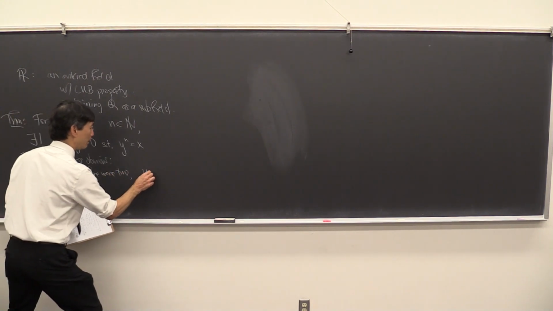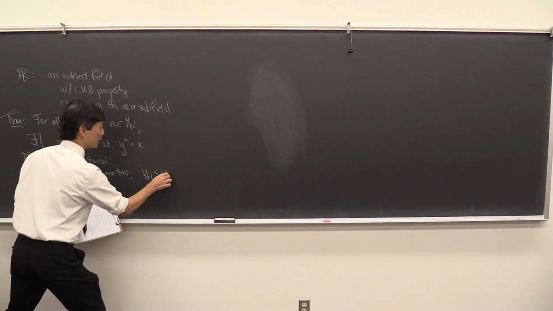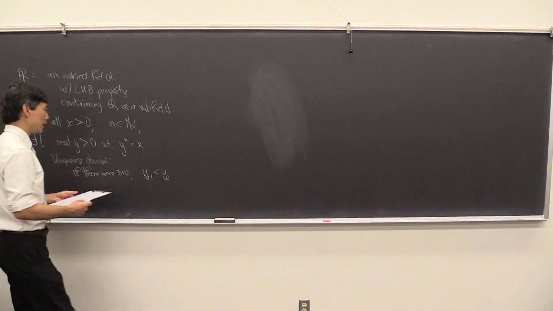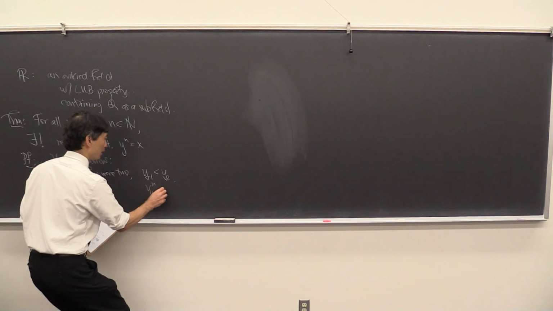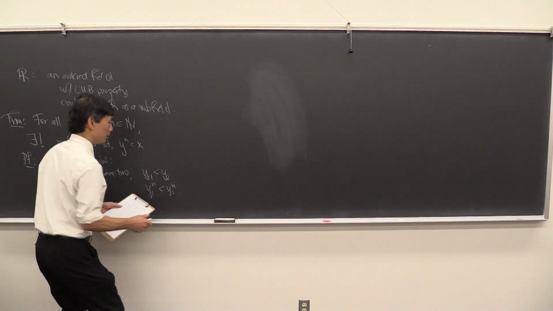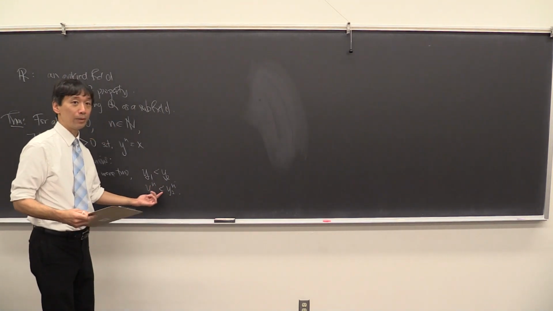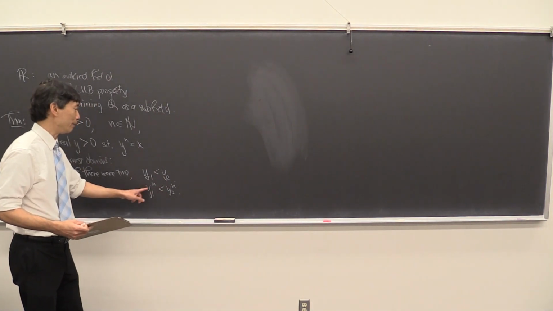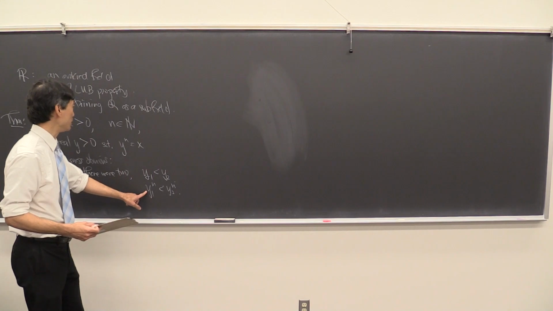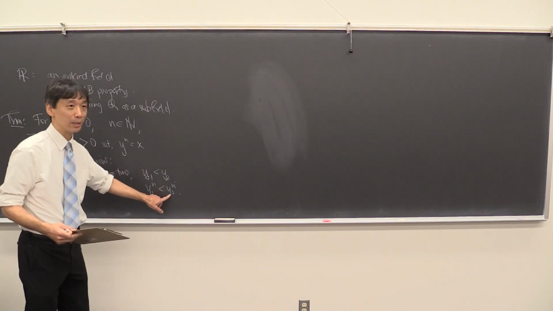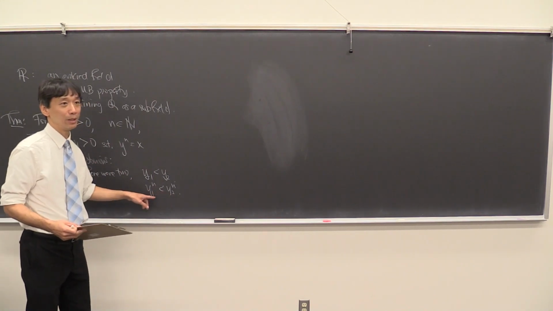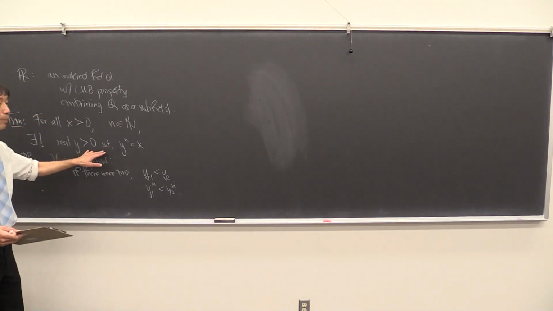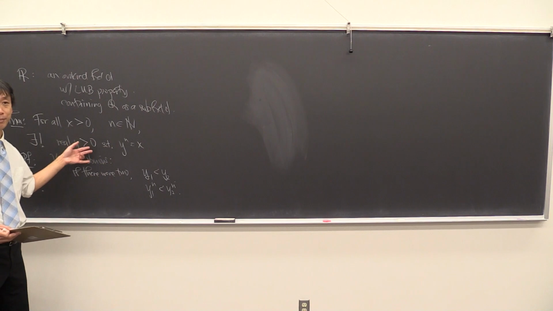Suppose there's y1 and y2. One of them is going to be bigger than the other, and when you take the nth power, that inequality is still going to hold. So if this one's nth power is x, this one's nth power is not going to be x, and vice versa. So you can't have two numbers with this property.